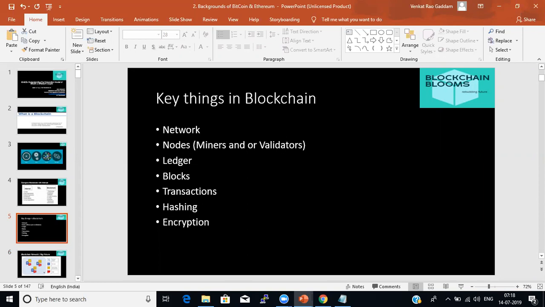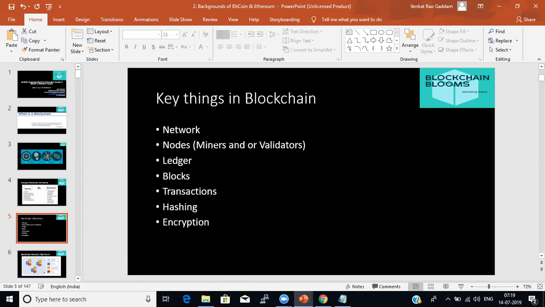Whatever blocks the miners create are called candidate blocks. A candidate block means it is before validation; the candidate block is generated by the miners. Candidate blocks are not the original blocks, not what we call finalized blocks.